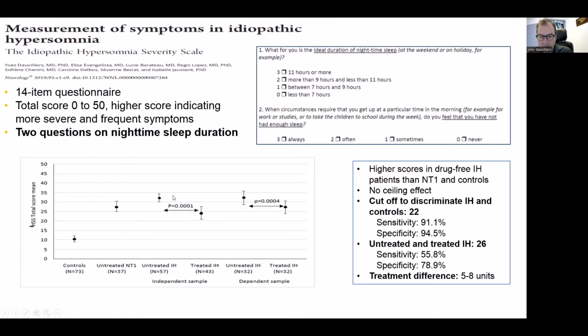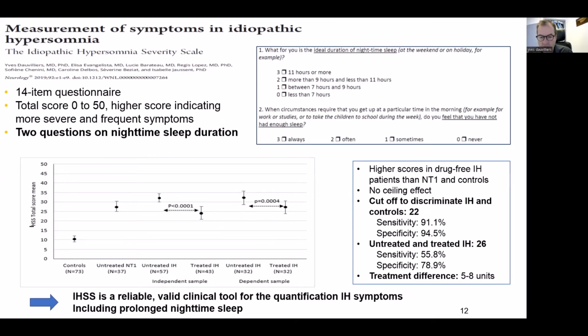If you compare untreated and treated subjects, there's a huge decrease of this IHSS score. And if we were lucky to compare patients to themselves, in a dependent sample, it's striking as well, even with a low number of patients, with a 5-unit difference between untreated and treated subjects.